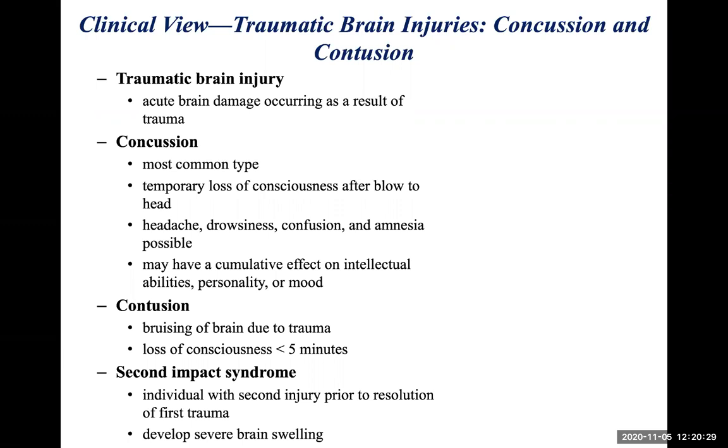And oftentimes that second brain injury, even if it's the type of injury that would typically not cause tremendous damage, for individuals that have already had a TBI it can result in major brain bleed.